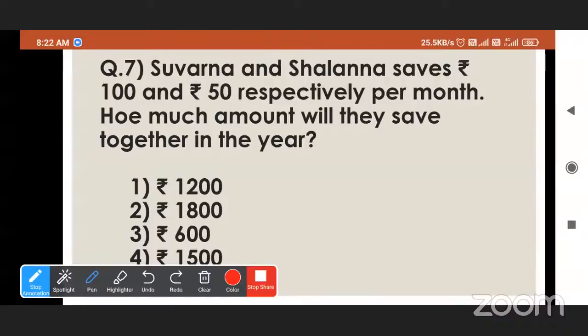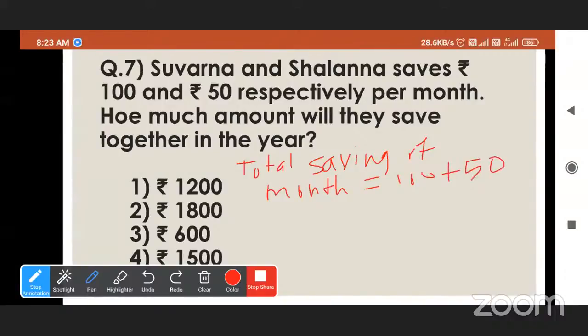So the total saving of 1 month is 100 plus 50, which is 150 rupees. Okay, so this is the saving of 1 month.